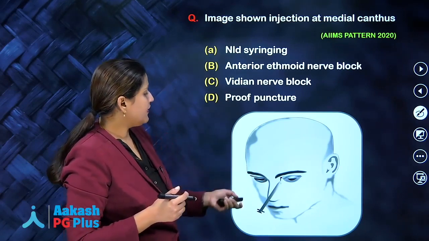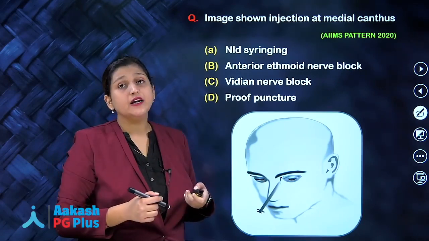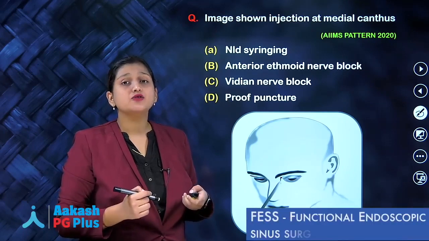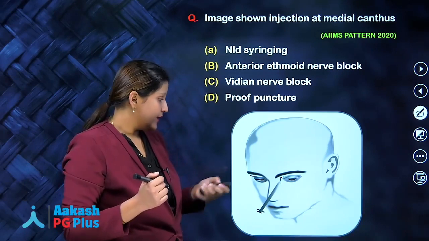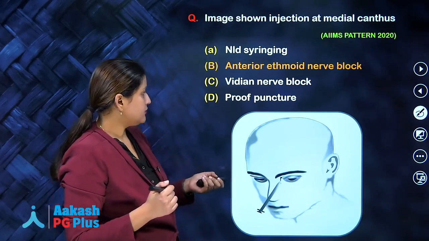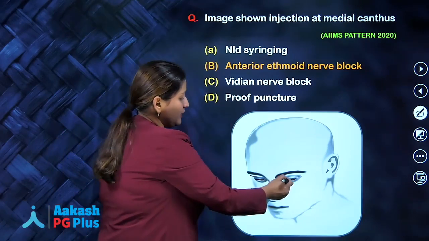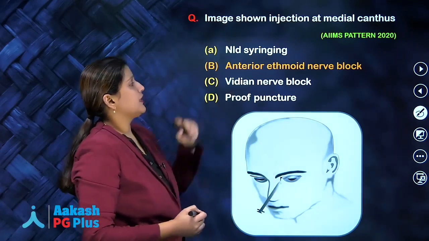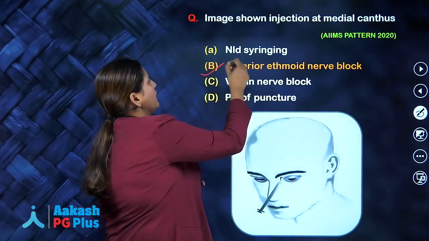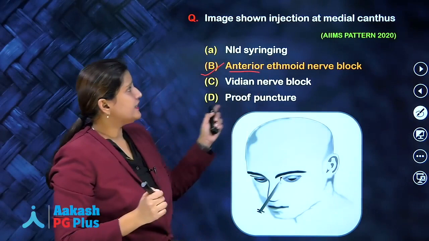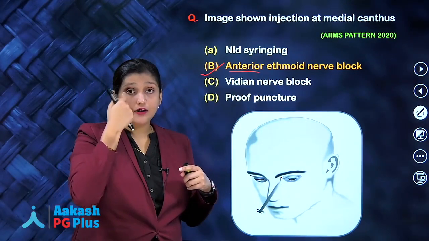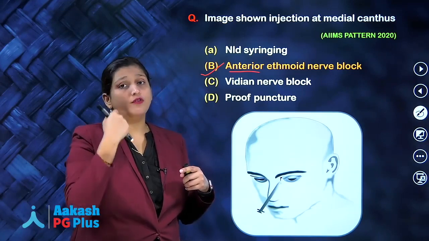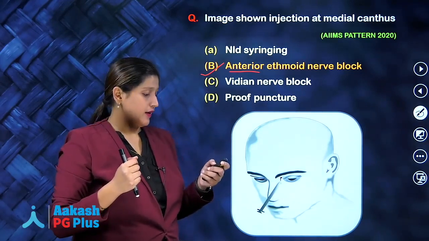So, when we are trying to do FESS under local, FESS is functional endoscopic sinus surgery, when we give infiltration over here, it is called the anterior ethmoidal nerve block. NLD syringing will not be done at the medial canthus, it will be done at the opening of the nasolacrimal duct.